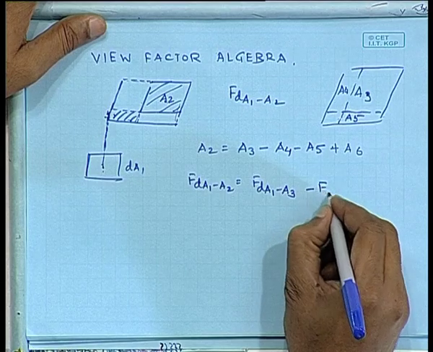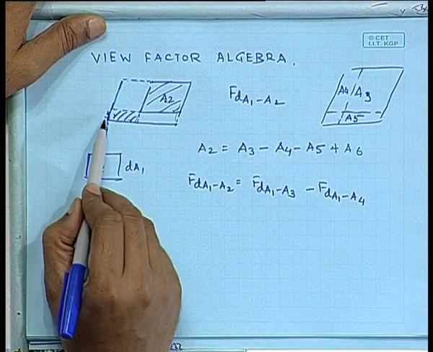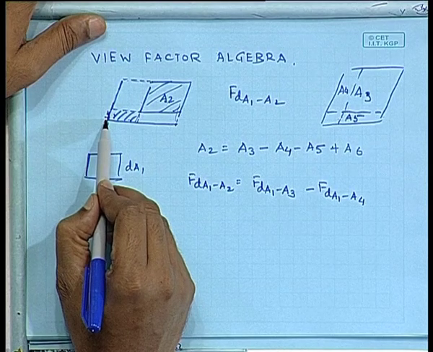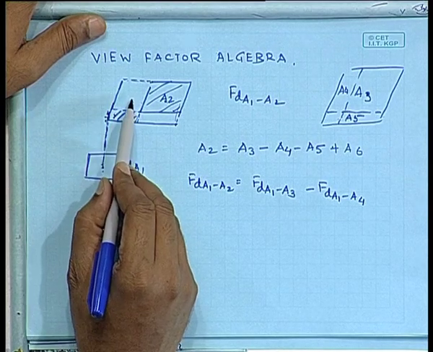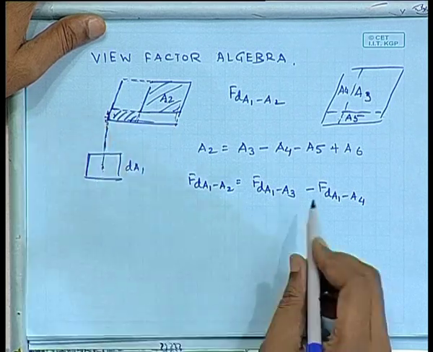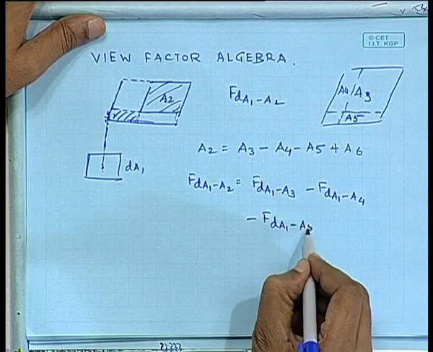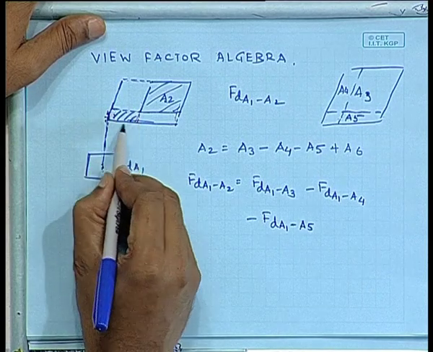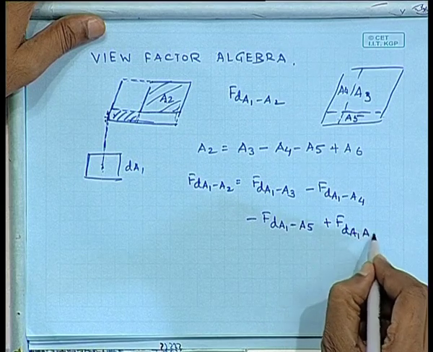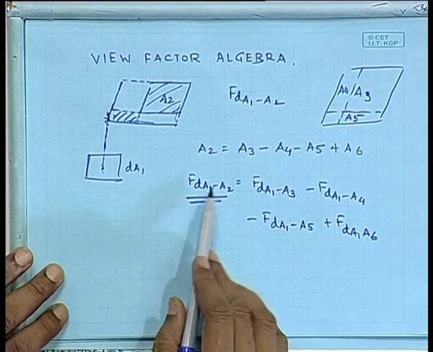Okay. dA1 to A4 would be this area, which is also sitting just on top of this one. Okay. So, dA1 to A4 would be possible. A5 is sitting again on top of dA1. So, this would be dA1 to A5. A6 is also sitting on dA1. So, this would be the view factor dA1 to A6. So, this would be the unknown view factor dA1 to A2.